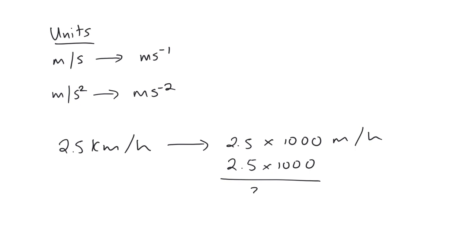So that's the same as dividing by 3,600, and that will put it into meters per second. So that gives us 0.694 meters per second. That's a very common change that you have to do from kilometers per hour into meters per second.